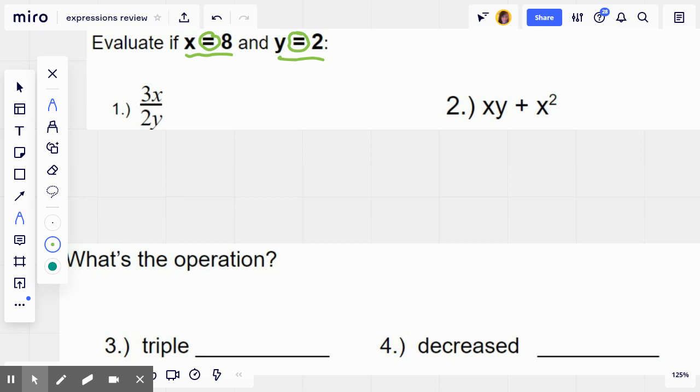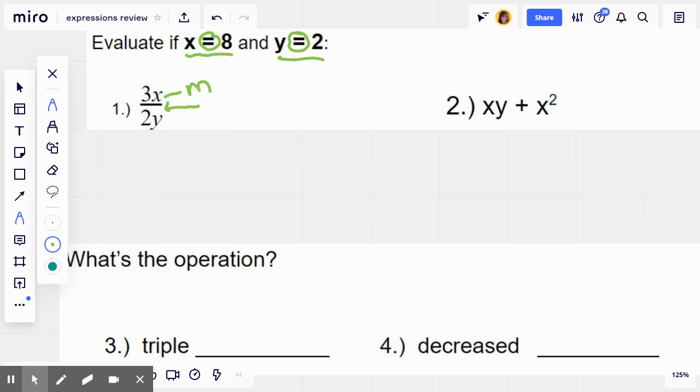So the first thing we have to remember is, what does 3x mean? Are they asking us to add, subtract, multiply, or divide? They are asking us to multiply. So we need to remember that we're multiplying whenever we see 2 things kind of snuggling up together. Okay? The next thing I see in this problem is this fraction bar or a slash.